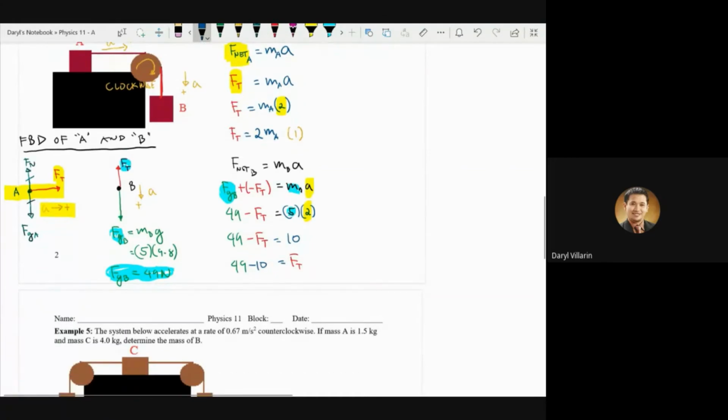And Ft, therefore, I have the magnitude for my Ft. Ft is equal to 39 newtons. Okay? So if Ft is 39 newtons, that means that I can use my equation number one. So I'm just going to substitute this value.